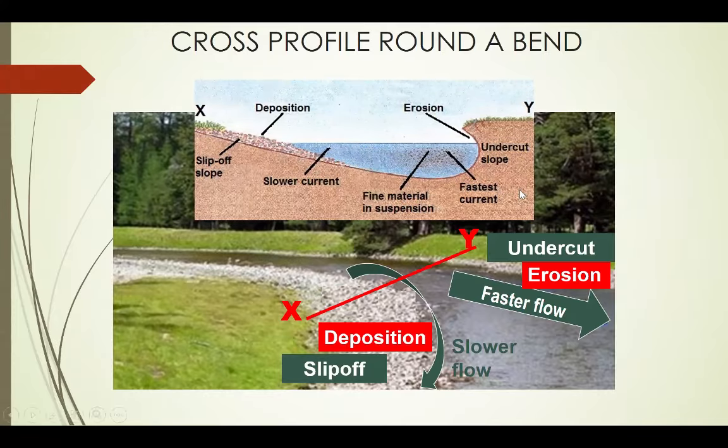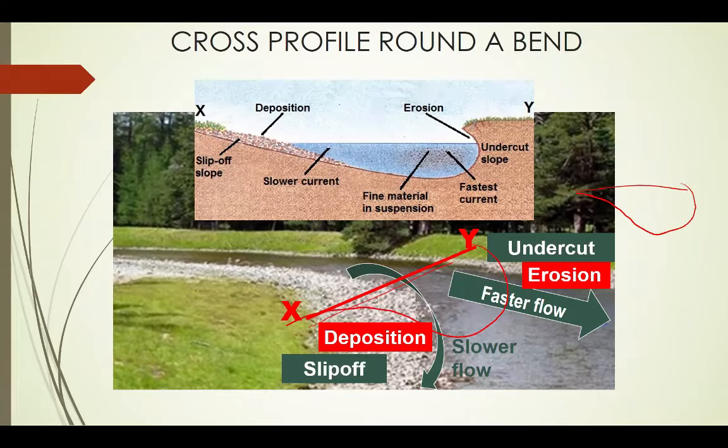And then if you are to draw a cross section of a meander, you must know it is either a check mark that is straightforward or a check mark that is in reverse. So where you have your undercut, it will be deeper, and where you have the slip-off slope, it will be shallow. So you just draw a tick like that, depending on which side. Here the river is deeper because it's undercut on this side, and this side is shallow.